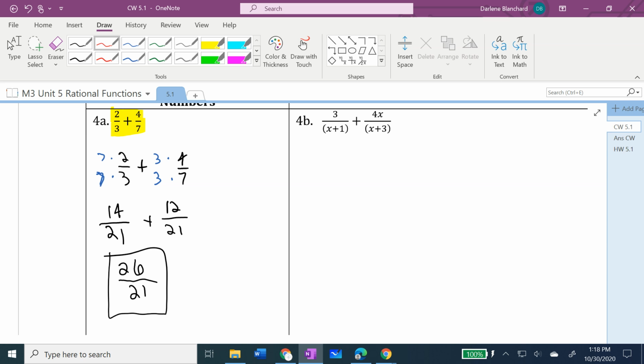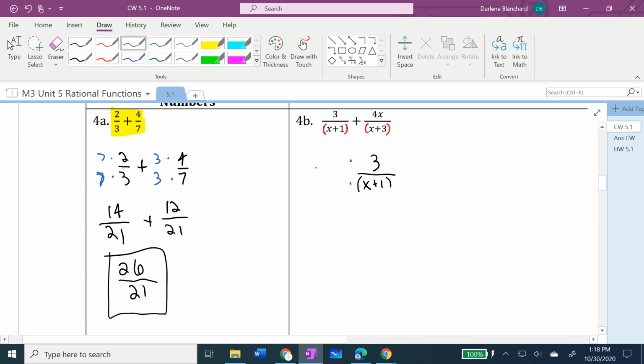This time you have entire factors. You had a 3 and a 7 before. Now you have a big old x plus 1 and a big old x plus 3. You're basically just going to multiply each fraction by the other's denominator. So I'm going to take the 3 over x plus 1, and I'm putting a parenthesis around that x plus 1 to make sure that I don't mess certain things up.